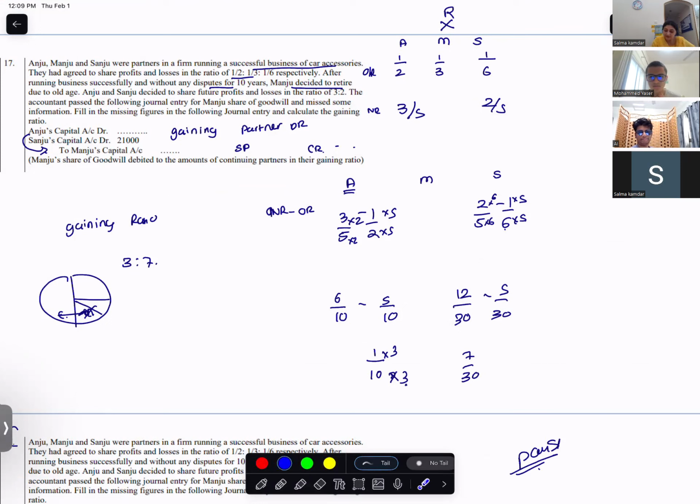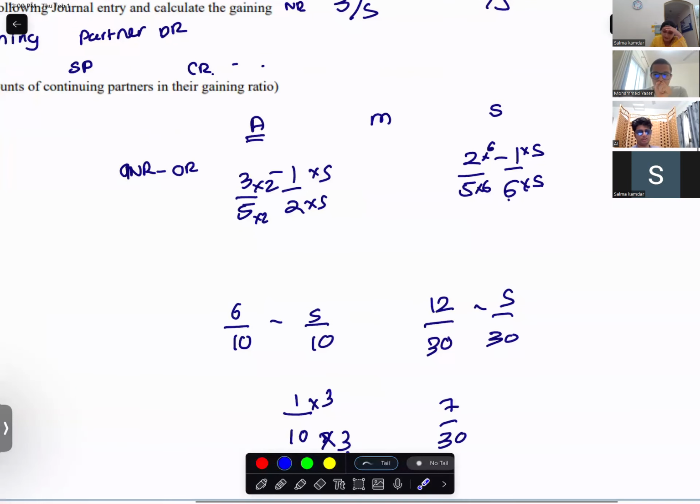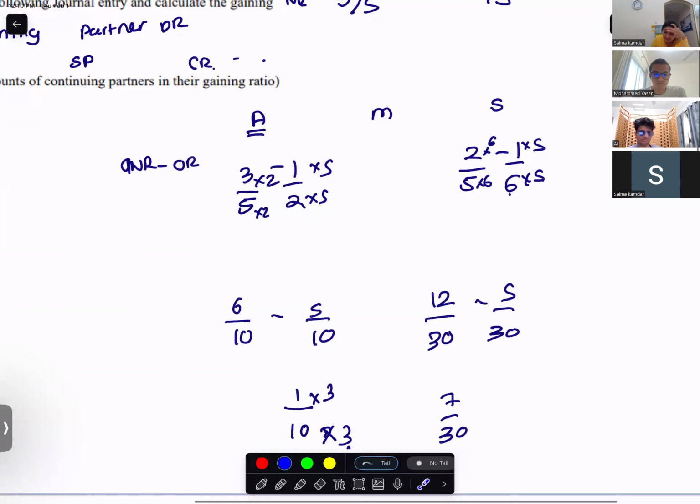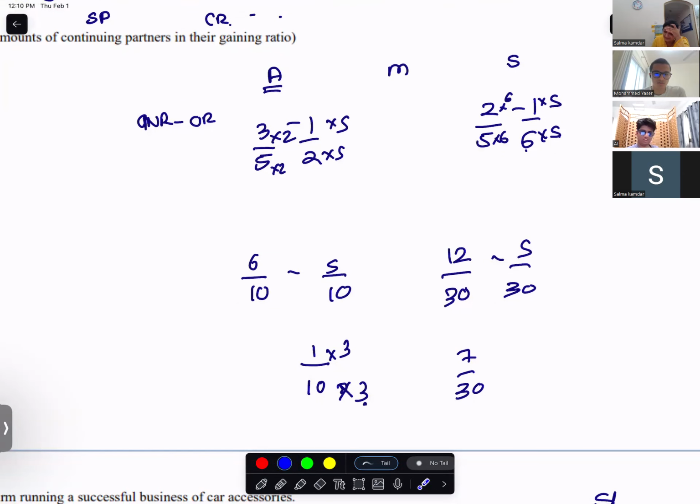3/5 was the new ratio, 1/2 is the old ratio. So I made the base the same. It became 6/10 minus 5/10. And over here I multiplied 5 by 6 and 6 by 5, so up and down I multiplied with the same amount.